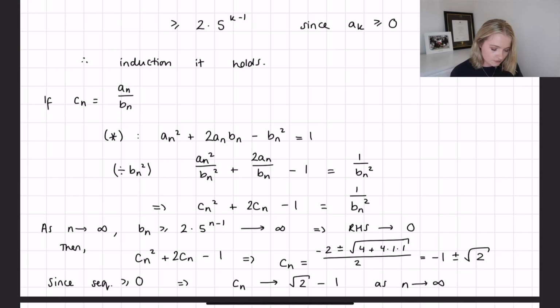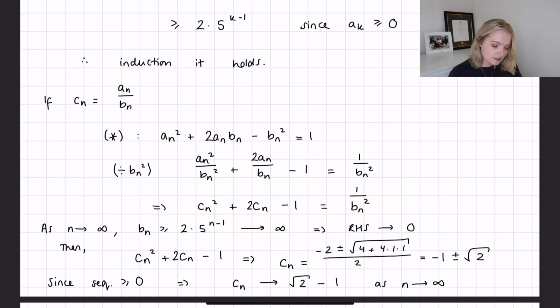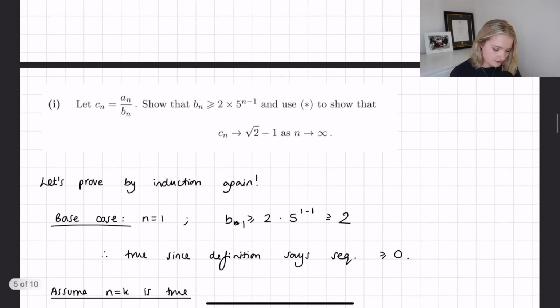And so we have An divided by Bn squared. We have an An divided by Bn here, so we can substitute Cn because that equals An divided by Bn. We get this nice formula for star again here. Amazing. And now we're asked to basically show that Cn tends towards this value for n tending towards infinity.